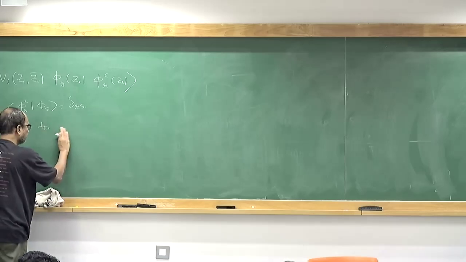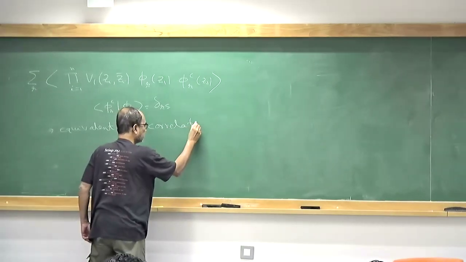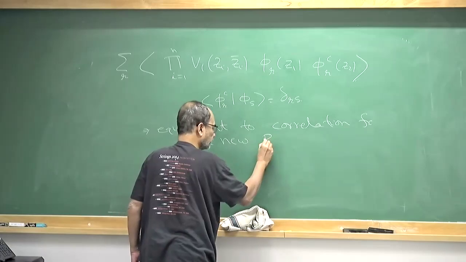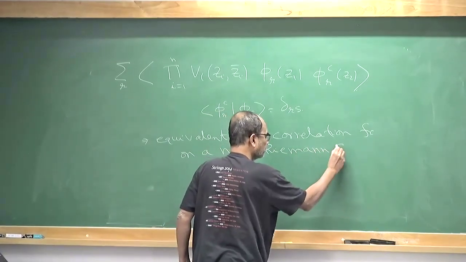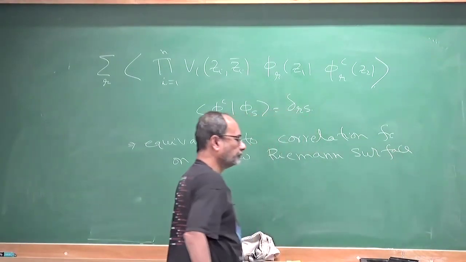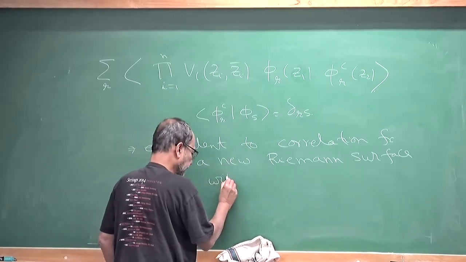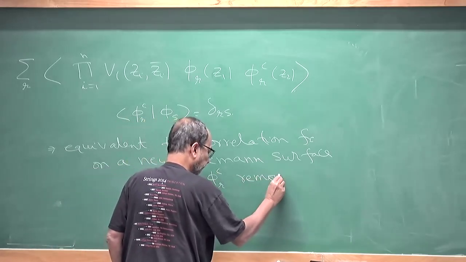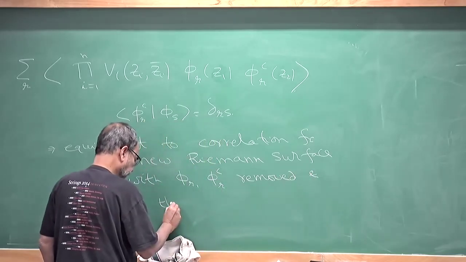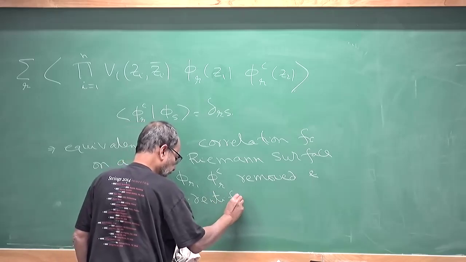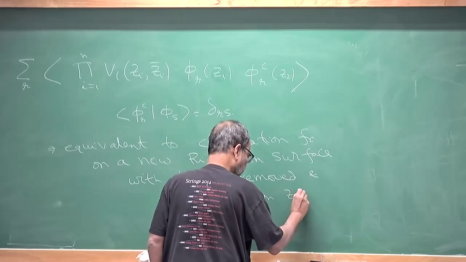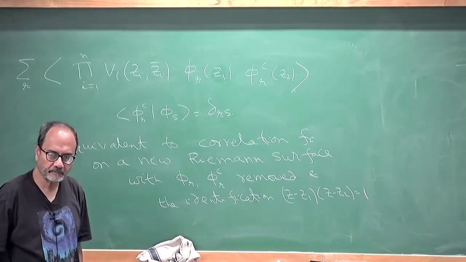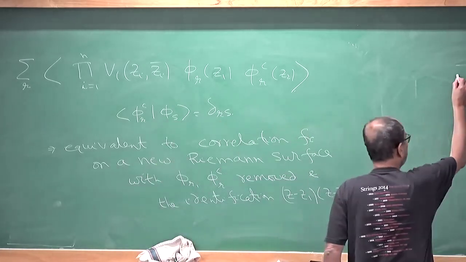to a correlation function on a real Riemann surface with phi r, say, removed, and the identification, which basically means that you take a sphere.